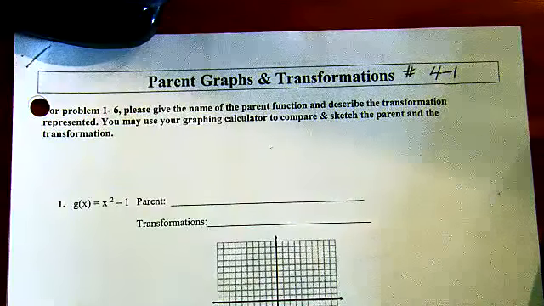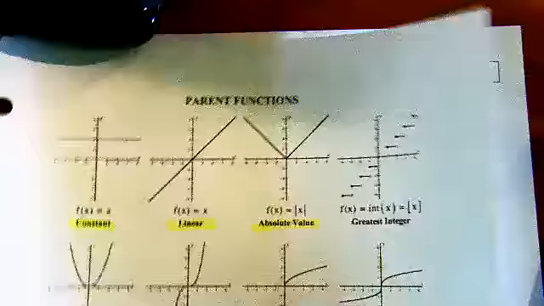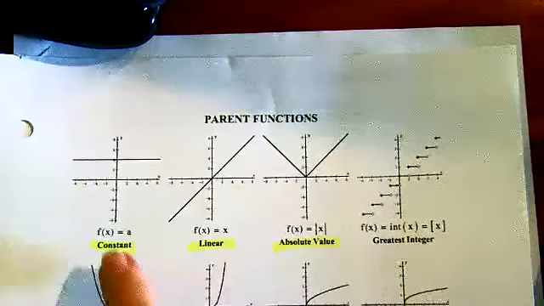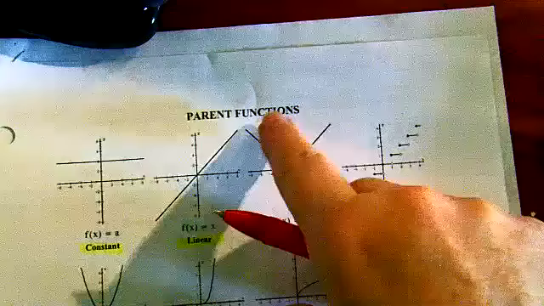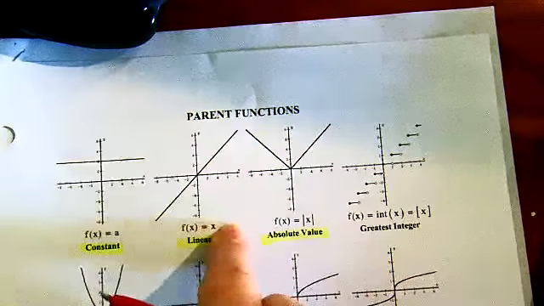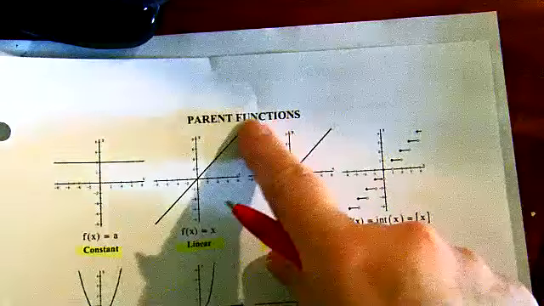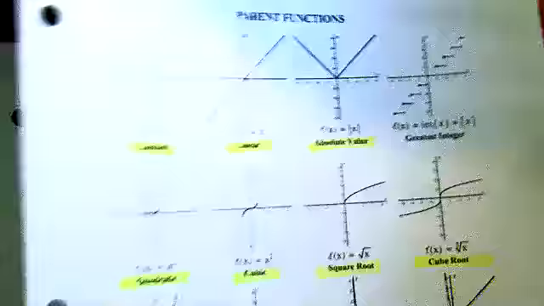And what you need to have in your mind are the parent functions, the main ones. If it's horizontal, it's constant. If it's diagonal, either positive or negative, it's linear. The V is absolute value. We're not learning this one.